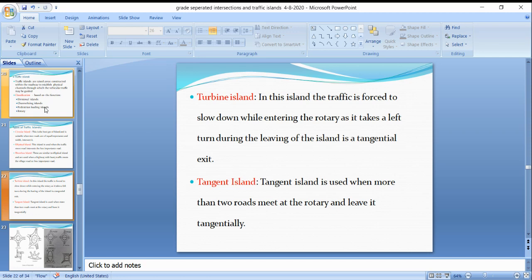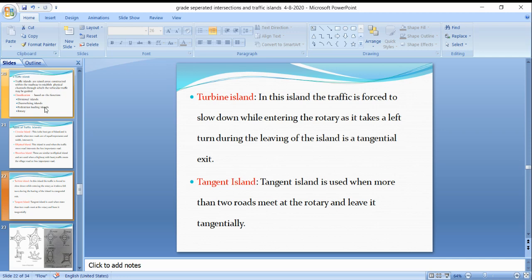If the vehicle should take a left turn and slow down, there we will provide the turbine island.